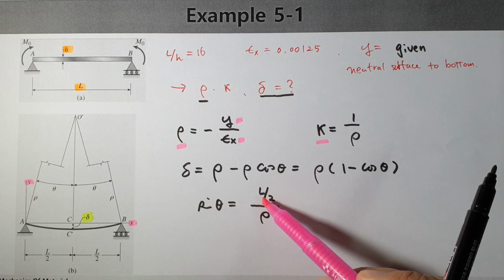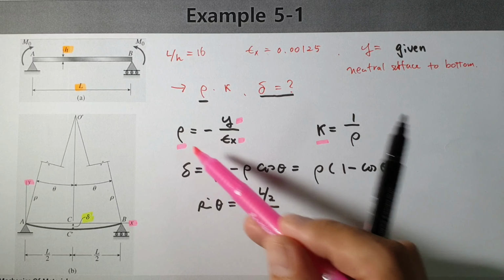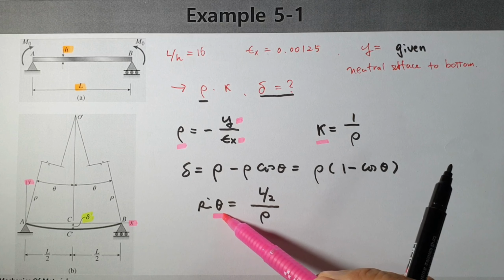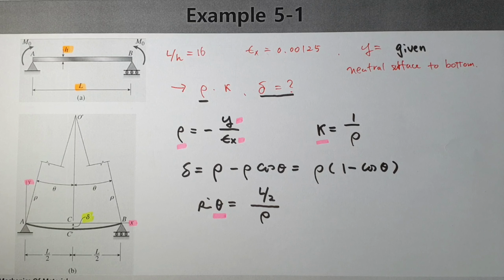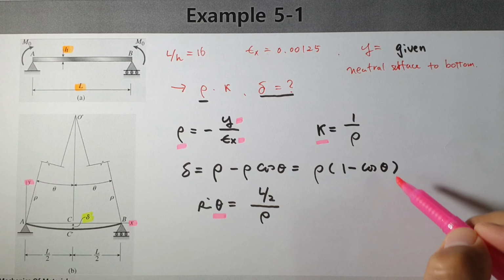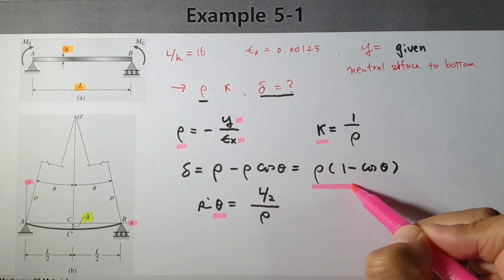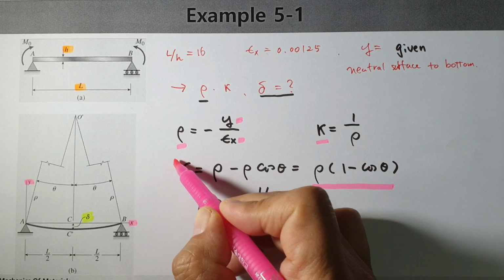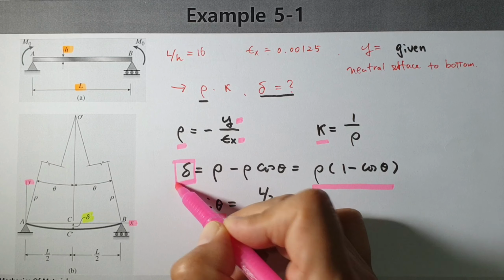The L value is given and rho is known, so we calculate it like this, and finally we can calculate the theta value. If you know the theta value, then theta can be substituted there, and finally you can find the delta value.